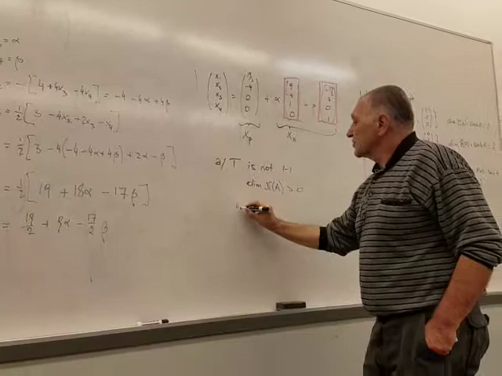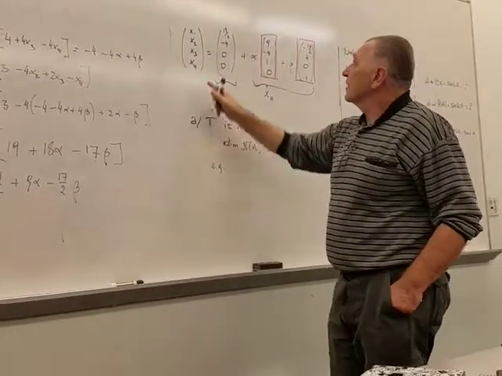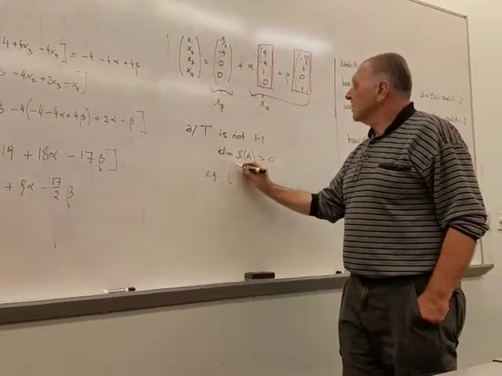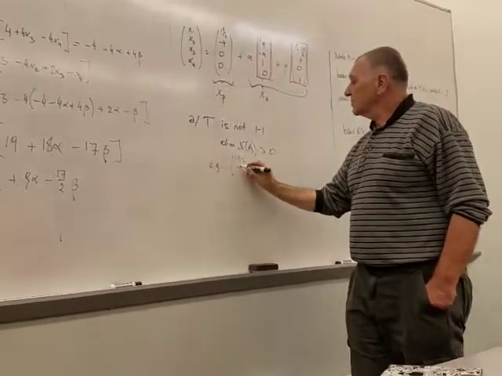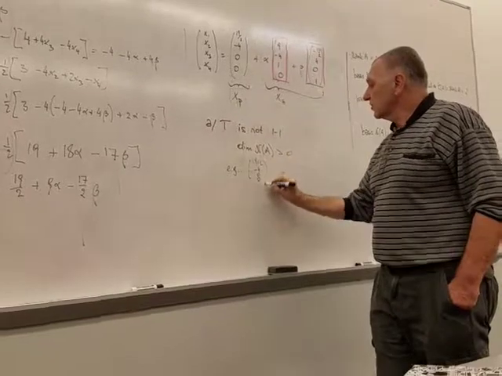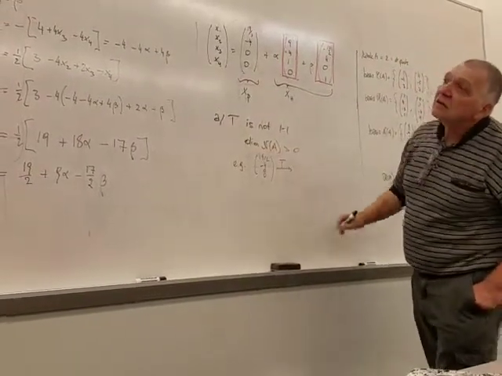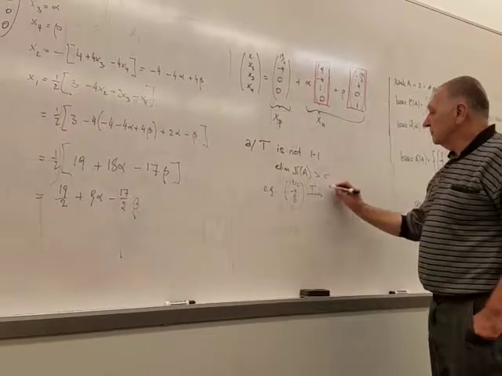So, for example, if I pick a starting point alpha equals 0, beta equals 0, so 19 over 2 minus 4, 0, 0. If I apply T to that vector, if I multiply that by A, it goes to 3, 1, 10.